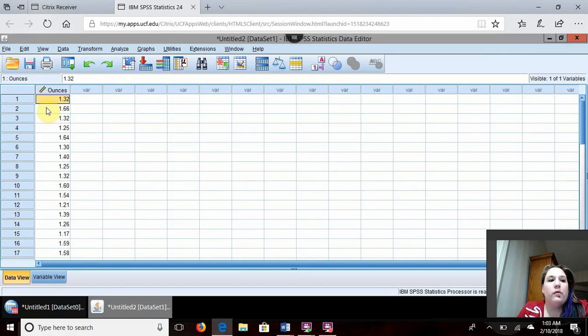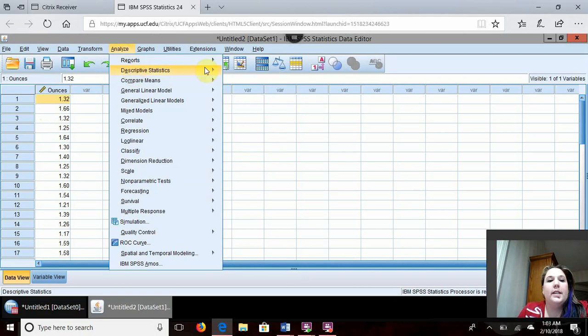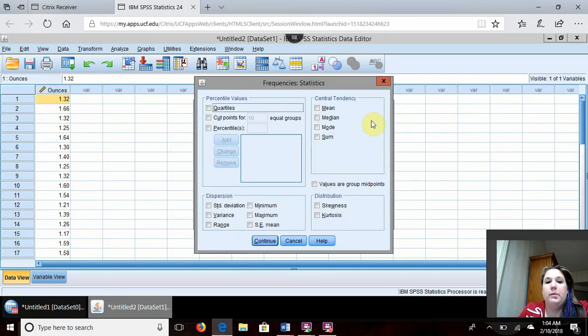Alright, so from here, what you're going to do is go to Analyze, Descriptive Statistics, and Frequencies. You will move ounces over to variables. Then you will click on Statistics.